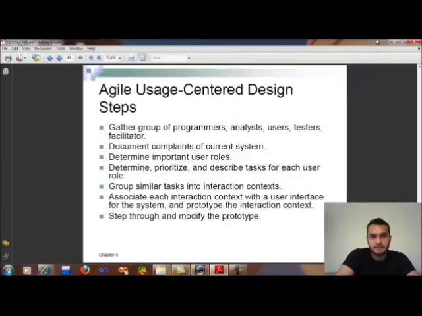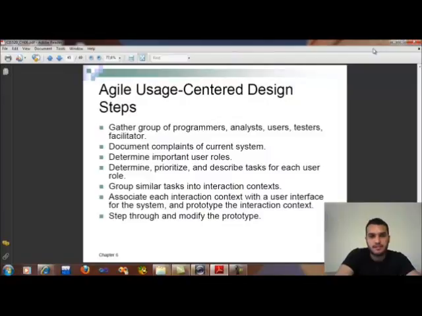And the agile usage-centered design steps: gather a group of programmers, analysts, users, testers, and a facilitator, and document the components of the current system. Determine important user roles and determine procedures, and describe tasks for each user's role. Group similar tasks into interaction contexts.